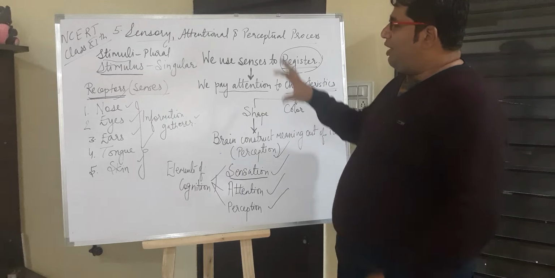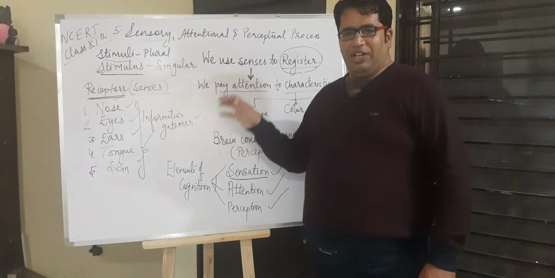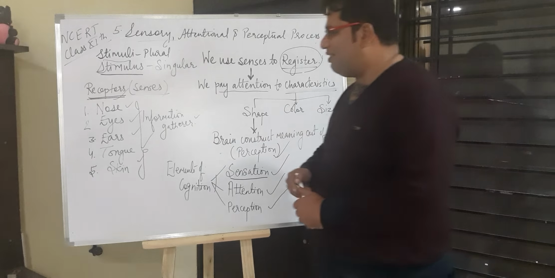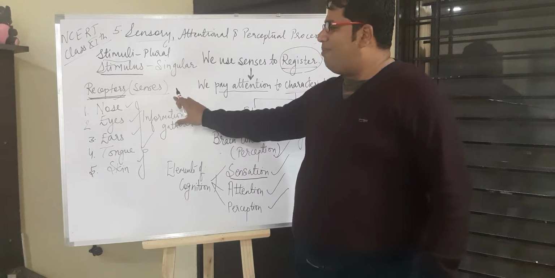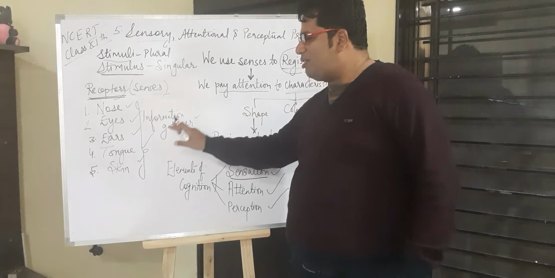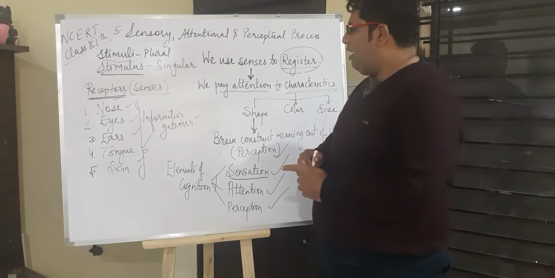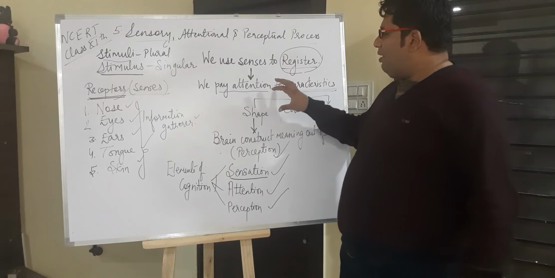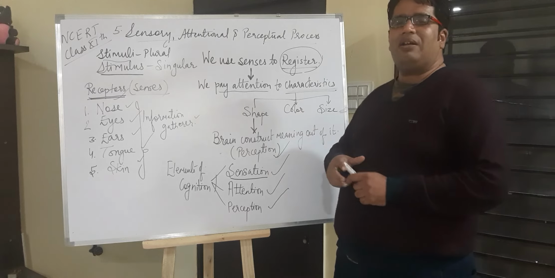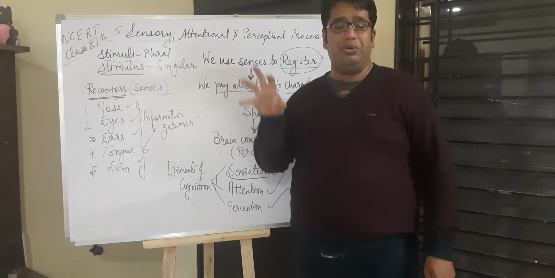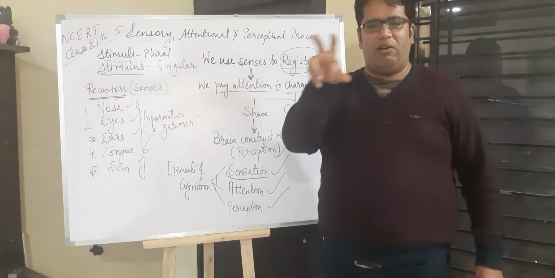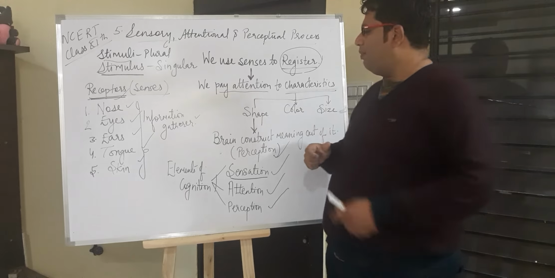So in the first part of this chapter, we have come to know what the receptors are. The 5 basic senses are your receptors: nose, eyes, ears, tongue and skin. After that you have the process of sensation, in which you register your senses to understand a condition, your environment or surrounding, that is, the stimulus.